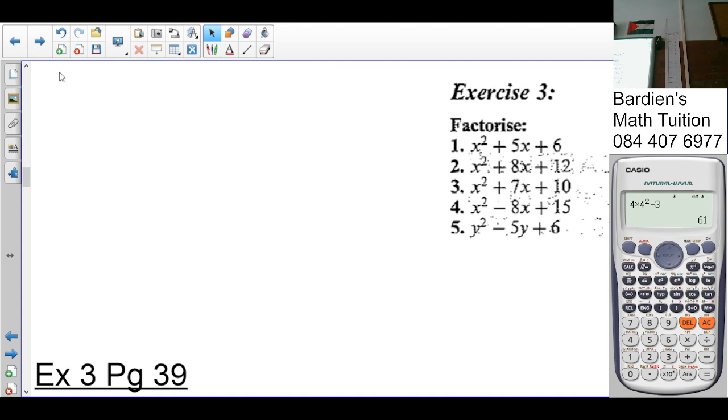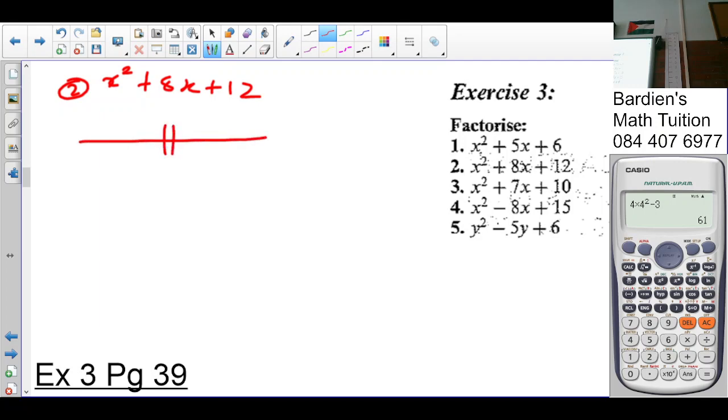Okay. Let's look at number 2. Number 2 says x squared plus 8x plus 12. What goes on the product line? 1 and 1, yes. On the other side? 1 and 12, 2 and 6, 3 and 4. Do we add or subtract our products? We add. Why do we add? The last term is positive.